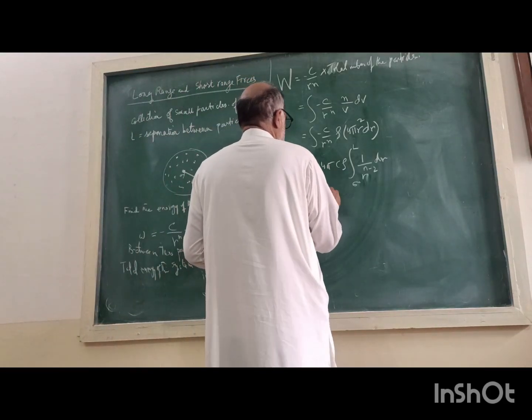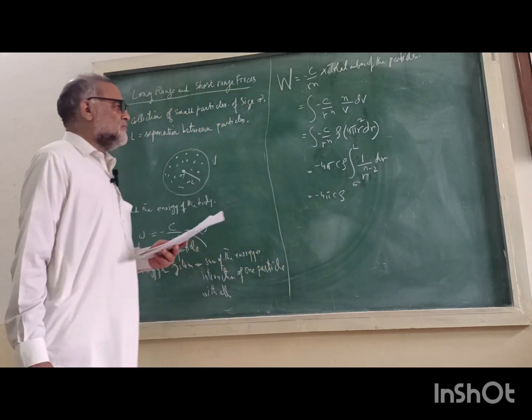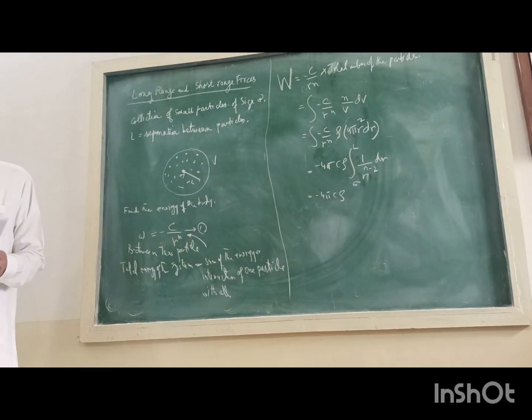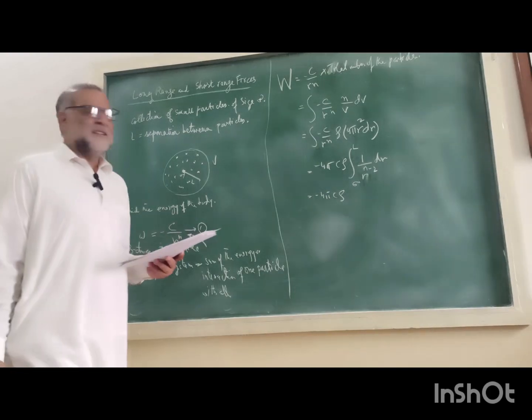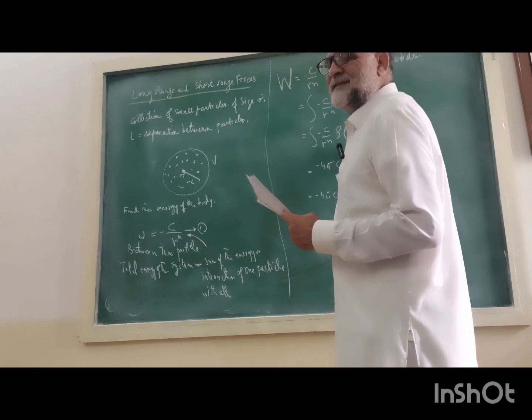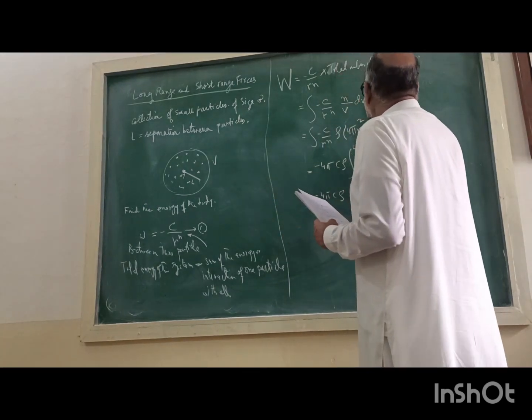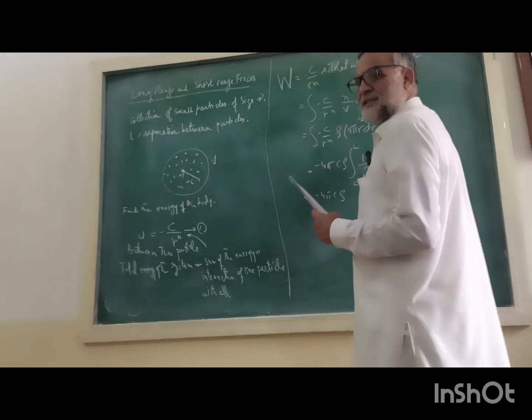So that is minus 4 pi C rho. When I integrate this, I can write it as r to the power 2 minus n.